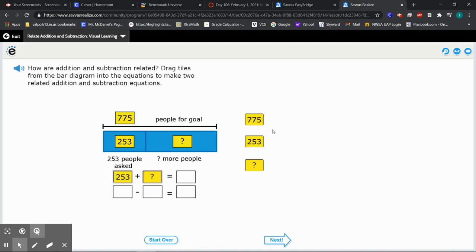Okay, and that's going to give me the whole thing all together. So I like the bar model, and that can really help me figure out how to do this problem. If I want to do it with subtraction, I'm going to take the whole number, subtract the piece I know, and that should give me actually the piece that I don't know.